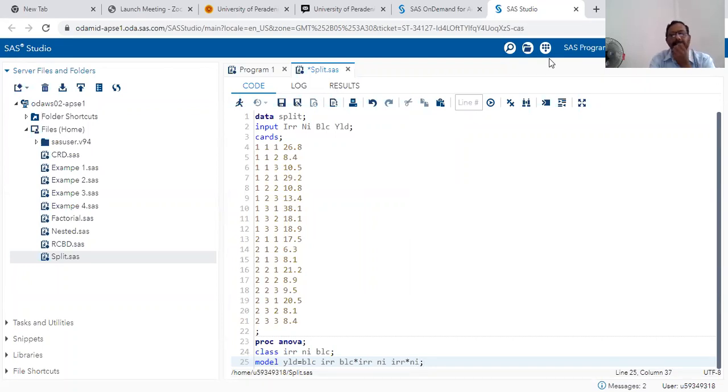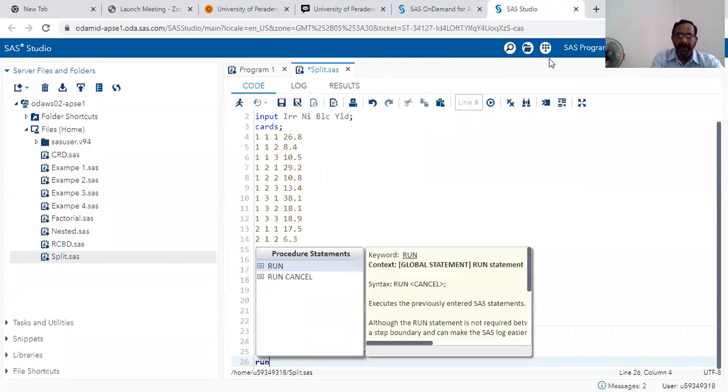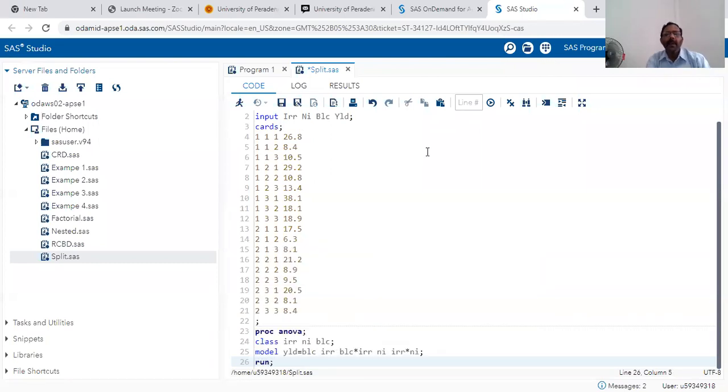That is the error B, right? We don't need to include that. That is all. In this case, this is all. Then run simply. Right? Once you run it, right?